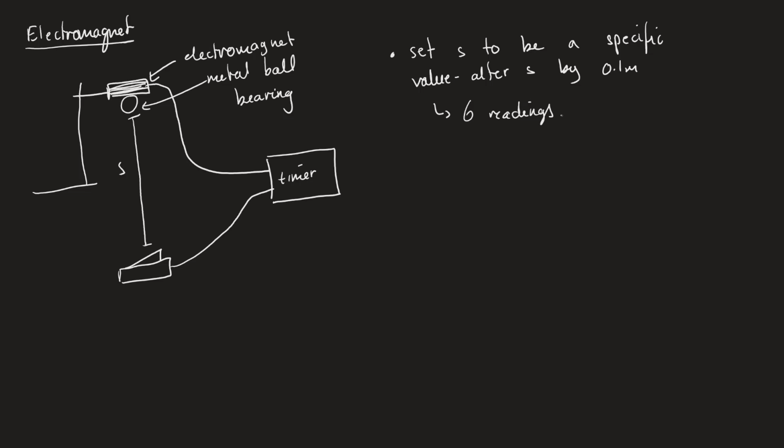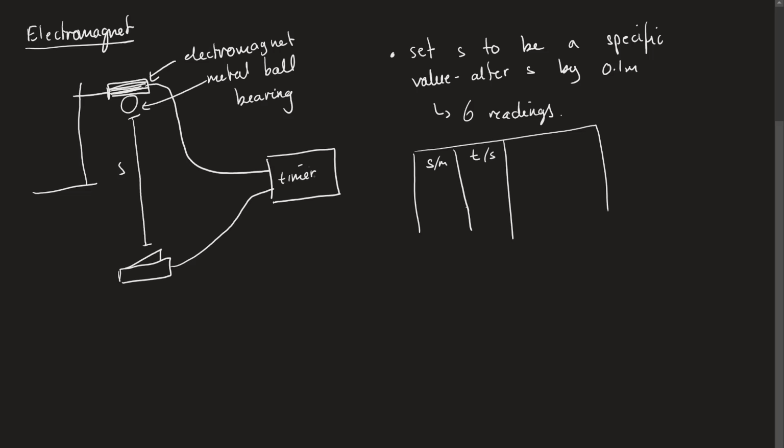Now, this means that we can then get a table which records s in meters, which is the distance that we're defining, then records t in seconds, or depending on how accurate your timer is, you could do it in milliseconds. Because we've already discussed that we want our equation to be ½at², we need to calculate t², which would have units of seconds squared.